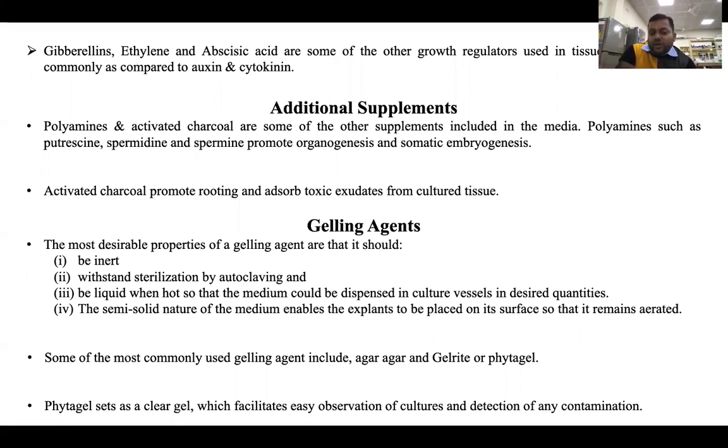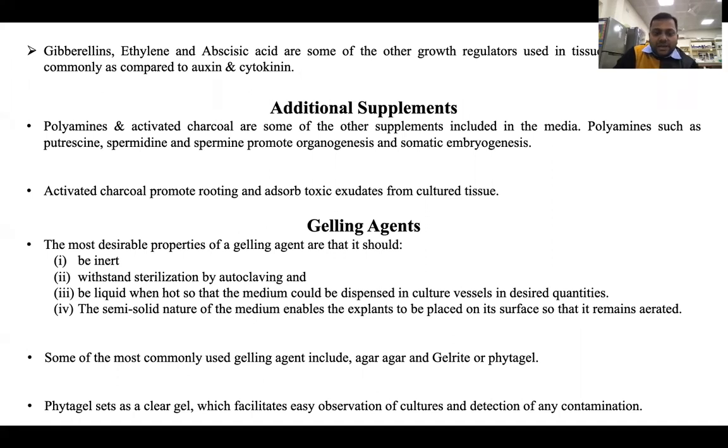It should be liquid when hot, and it should be solid when cold, for obvious reasons, so that we can prepare the media, pour it, and once it cools down, it solidifies. And the semi-solid nature of the medium enables the plant to be placed on its surface. That's what I mentioned, that it should not submerge. It should be resting on the surface, all these explants or calluses.